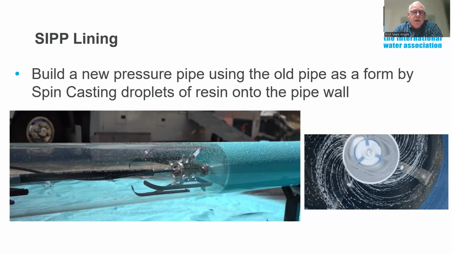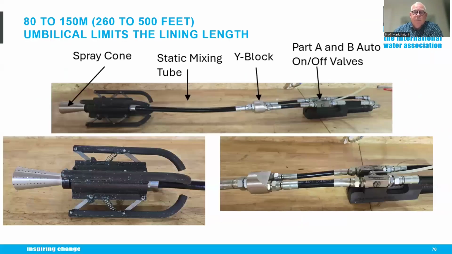The umbilical length is what really controls the length that we can line, and we can now build the lining thickness that you actually require on the inside of the pipe. So the process is relatively simple. Part A and part B come in and go through a Y block where they mix. That's the first time they actually mix. Then they go through a static mixing tube so that they're fully mixed.